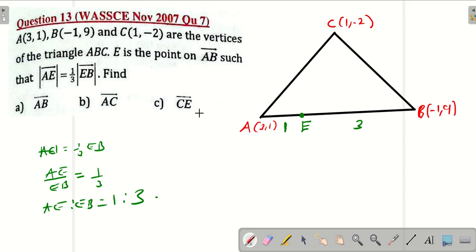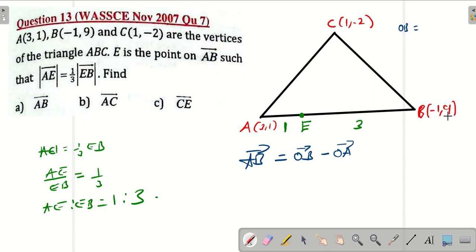Alright. So now, the question says we should find AB, from A to B. AB is very simple. We know that AB is equal to OB minus OA. But always you need to define OB.